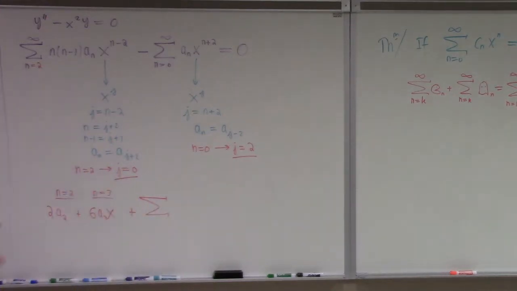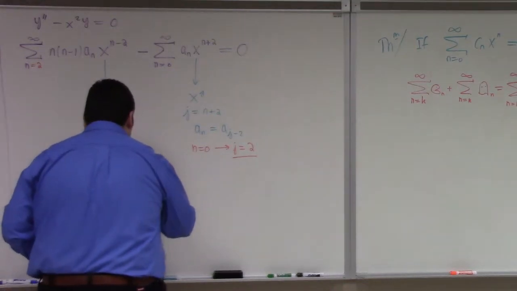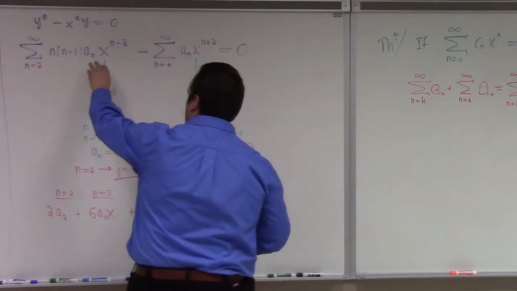Now, I can write down the sums together. So sum j equals 2 to infinity of this stuff, which was what?